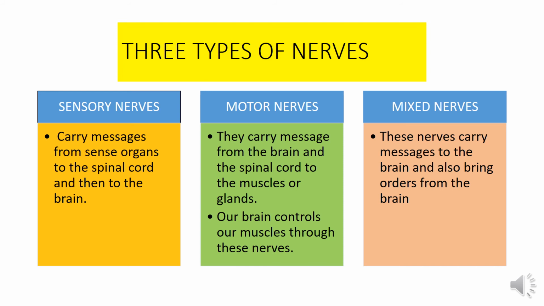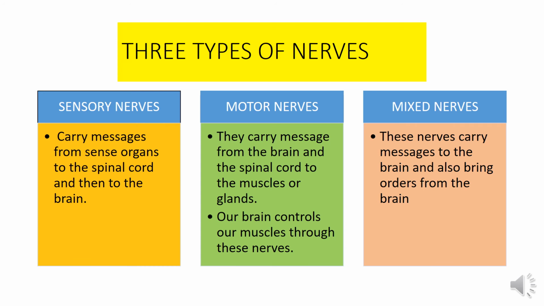So whatever we eat, if we feel it is salty, then these nerves will carry the message to my brain that it is salty. Then I am able to recognize the taste. So it goes from sensory nerves to the spinal cord and then from the spinal cord to the brain.